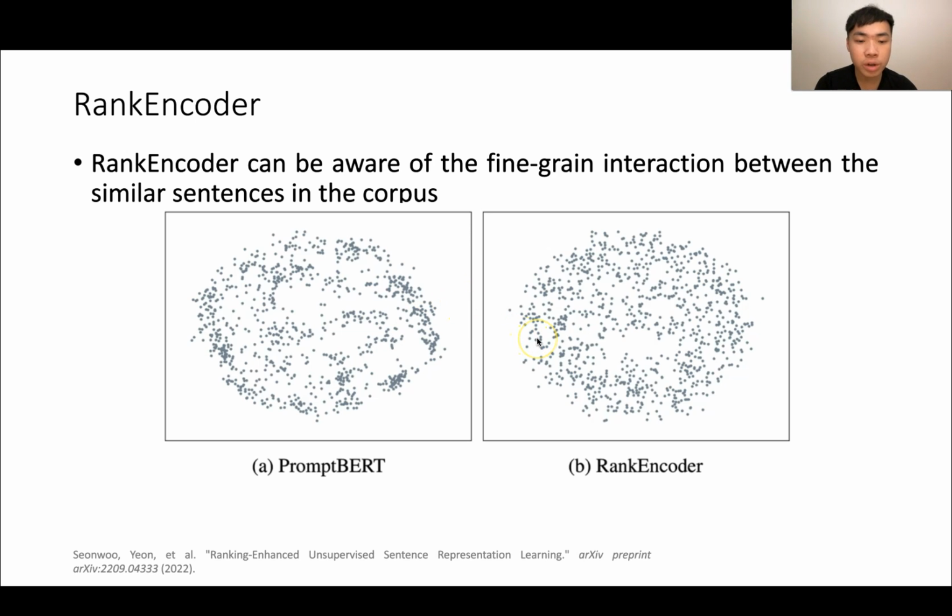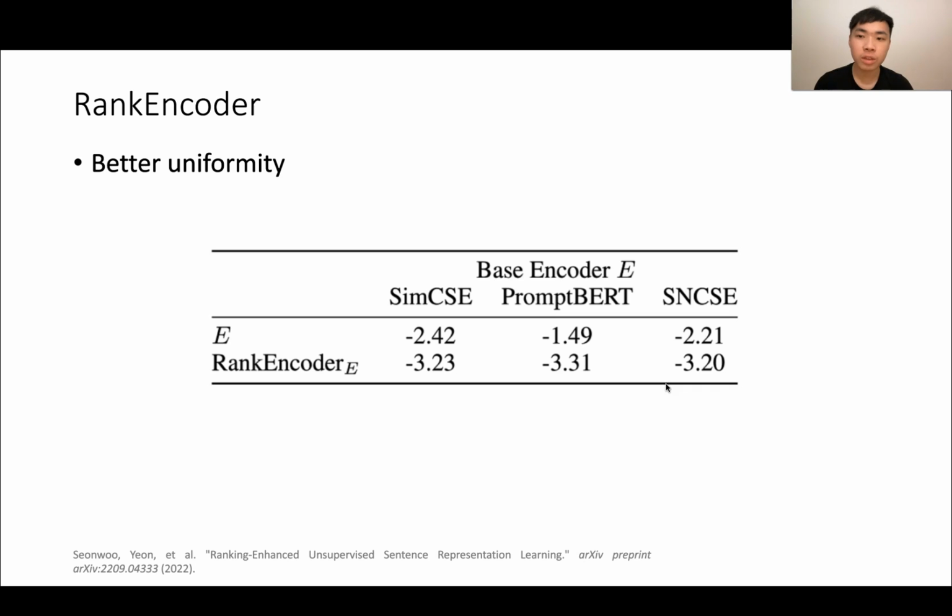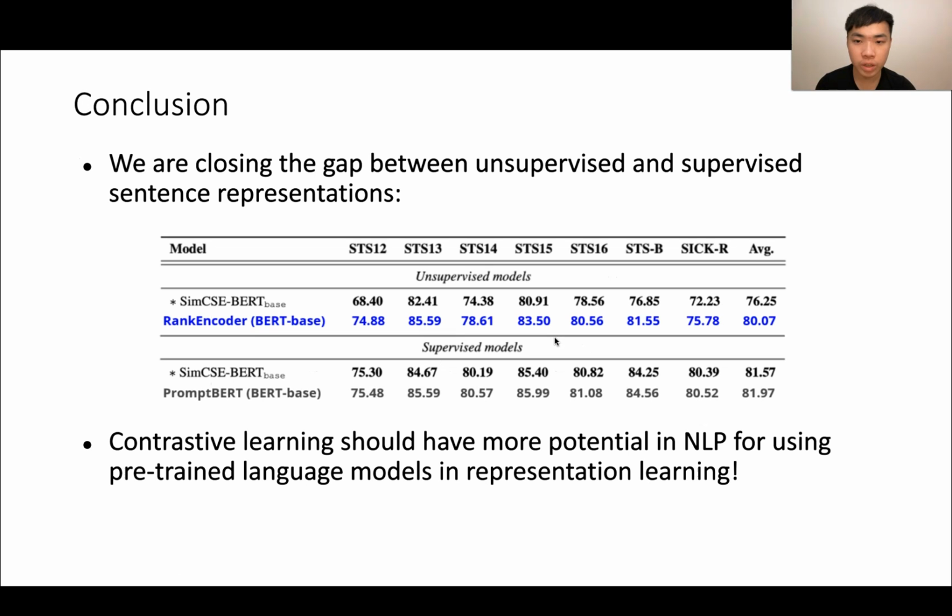However, because the RankEncoder can be aware of the fine-grained interaction between the similar sentences, it can smooth out these clusters. So the embedding space of RankEncoder will be more uniform. And you can see the uniformity of RankEncoder is much better than all the other models after injecting this ranking information.